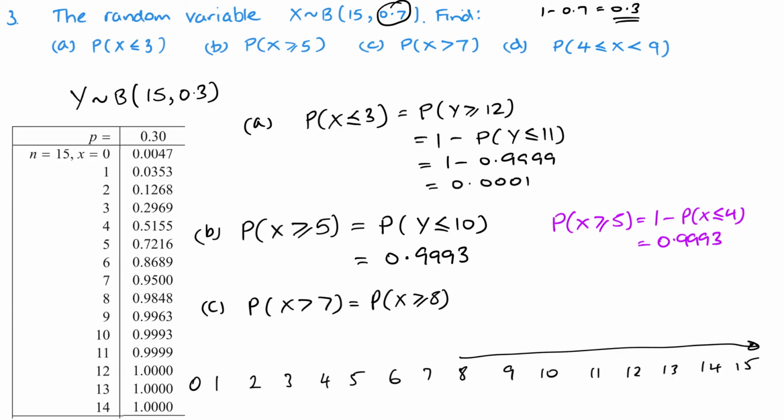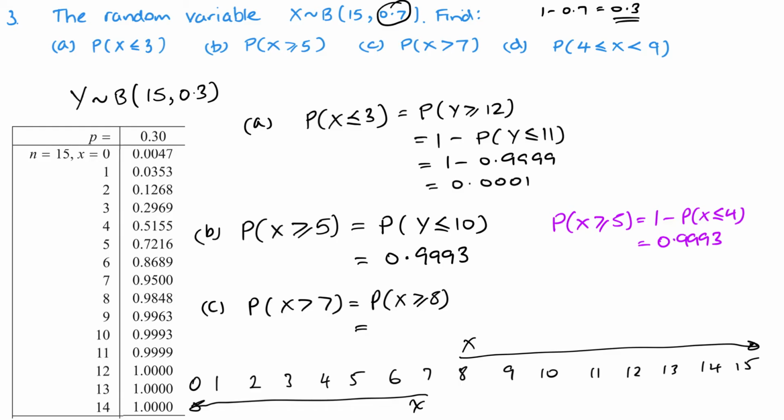So you can see we've got 1, 2, 3, 4, 5, 6, 7, 8 values in total. So that is my x. So going in terms of my y, I want 8 values. So here is my y. In this case, my y is less than or equal to 7.